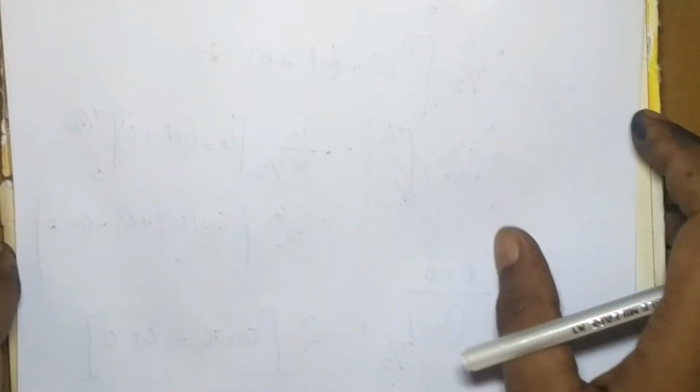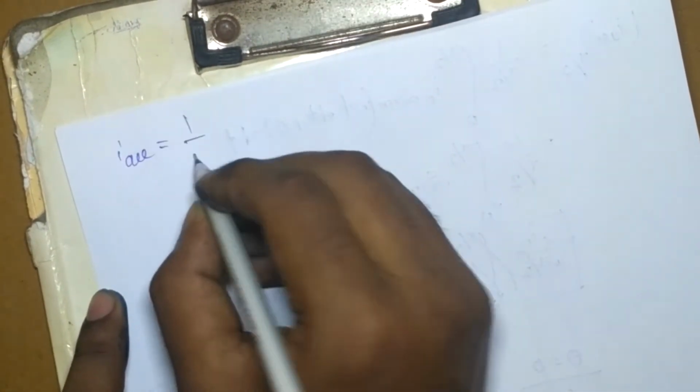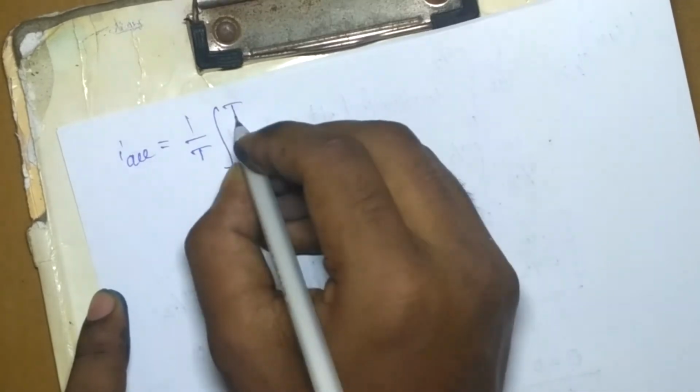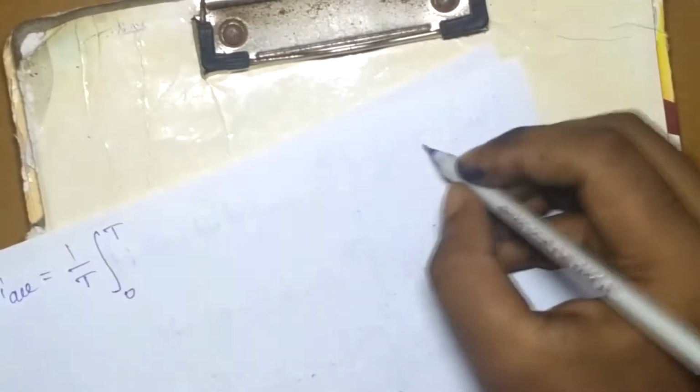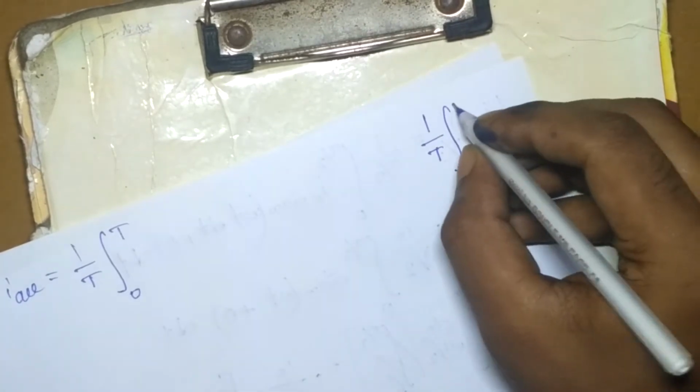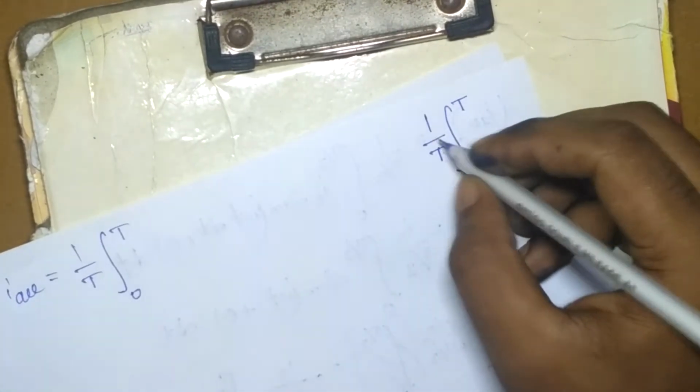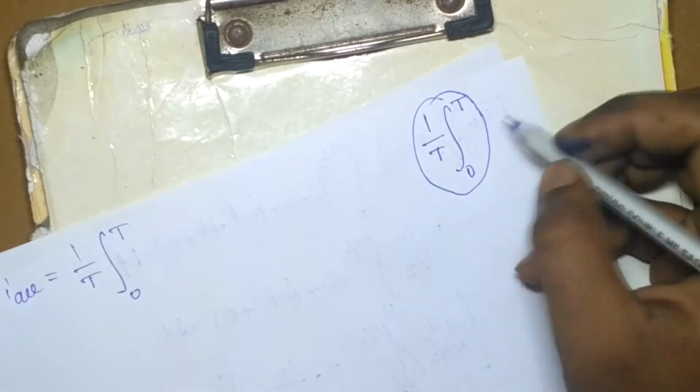Now we'll try to calculate the average value I_AV, which is equal to 1 by T integral 0 to T. It is really important that whenever we're trying to calculate some average value, the way of calculating is taking integration 0 to T, 1 by T. So this is a point to be noted down.